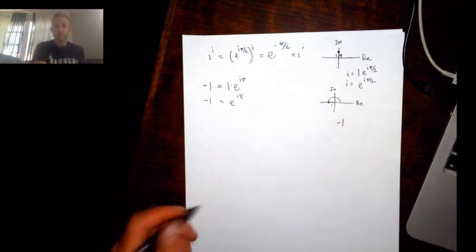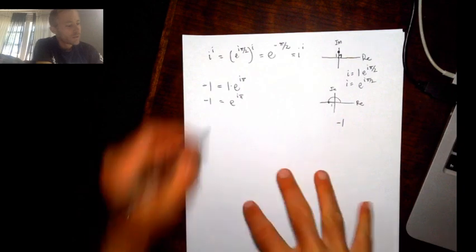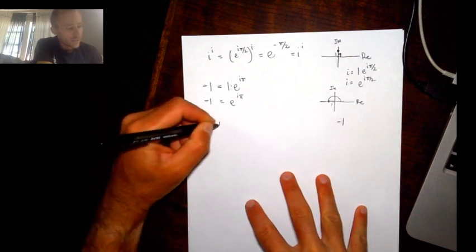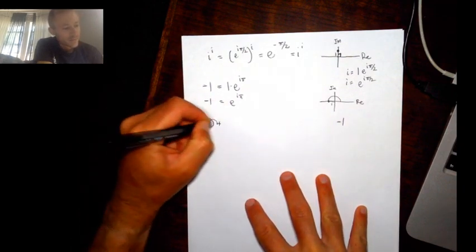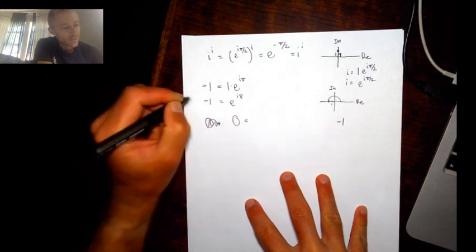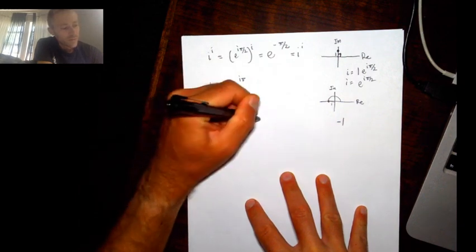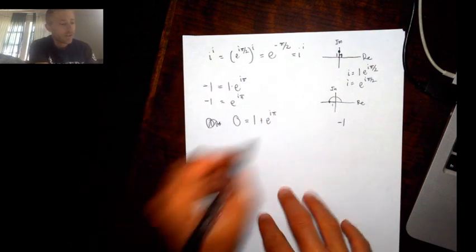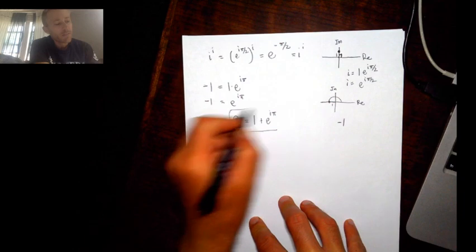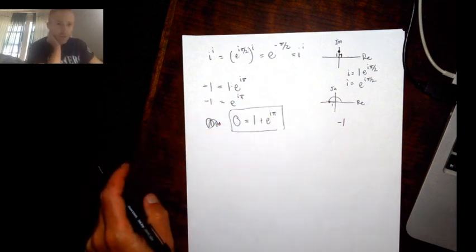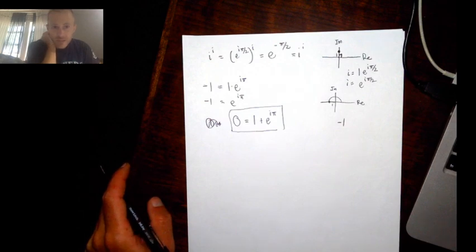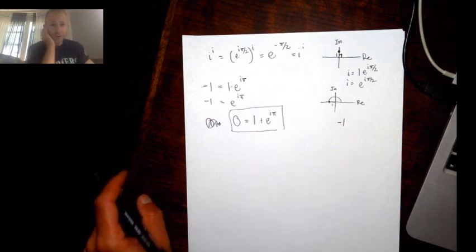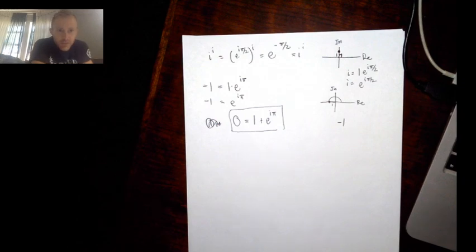This is sometimes written as 0 equals 1 plus e to the i pi. And people attach all kinds of profound meanings to this because, think about this equation, it has all of the fundamental numbers.